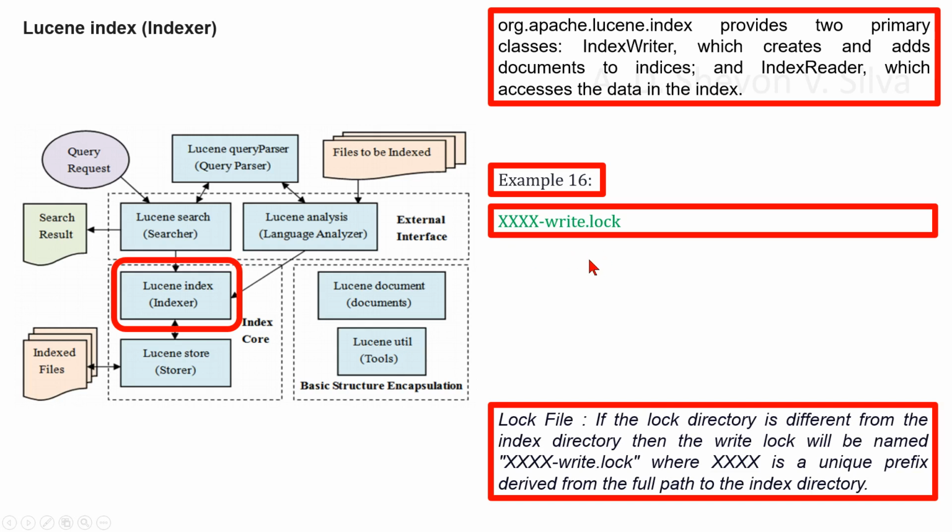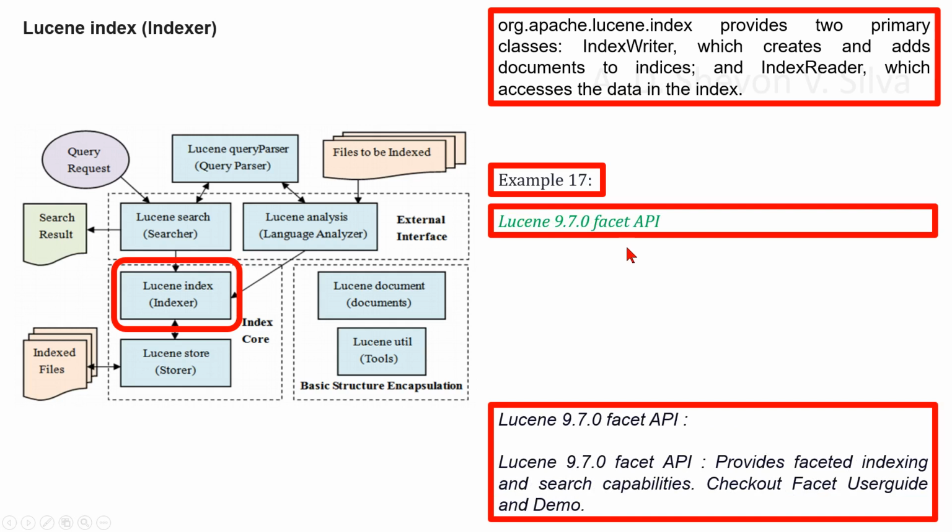If the log directory is different from the index directory, then the write log will be named xxx-write.log, where xxx is a unique prefix derived from the full path to the index directory. When this file is present, a writer is currently modifying the index, adding or removing documents. This log file ensures that only one writer is modifying the index at a time.